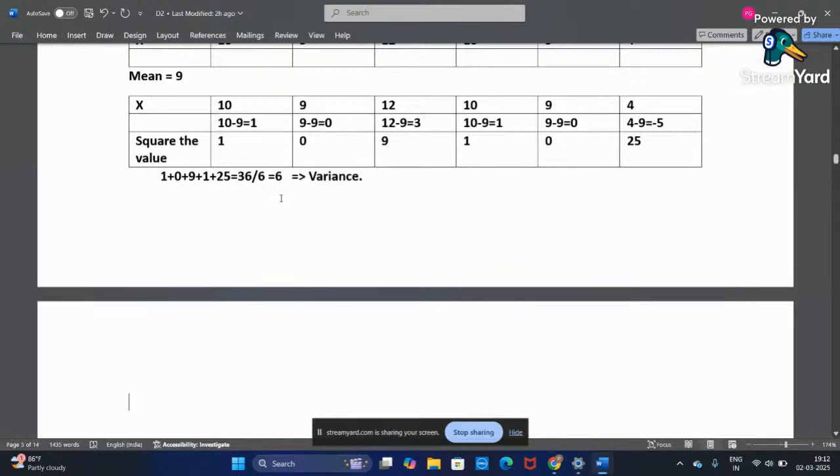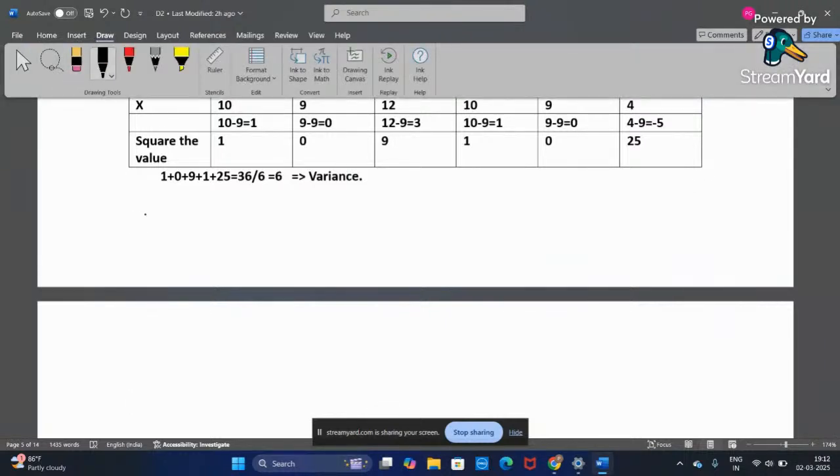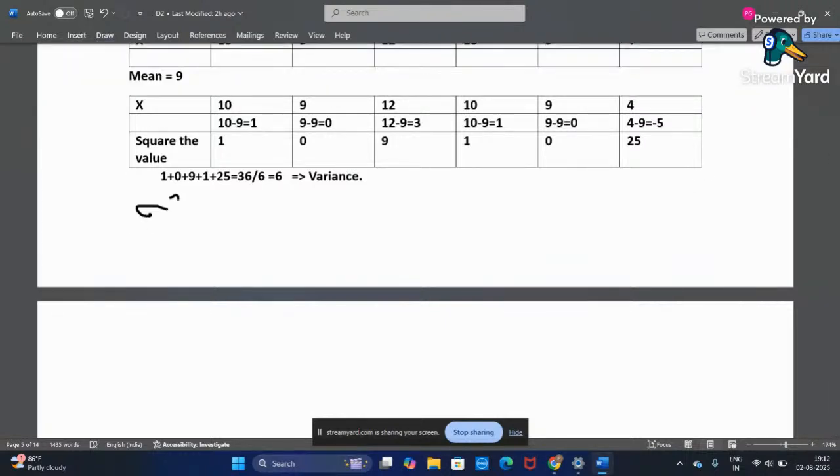We all know that this is the variance symbol, and the variance value is this. To find standard deviation, the standard deviation symbol will be like this.